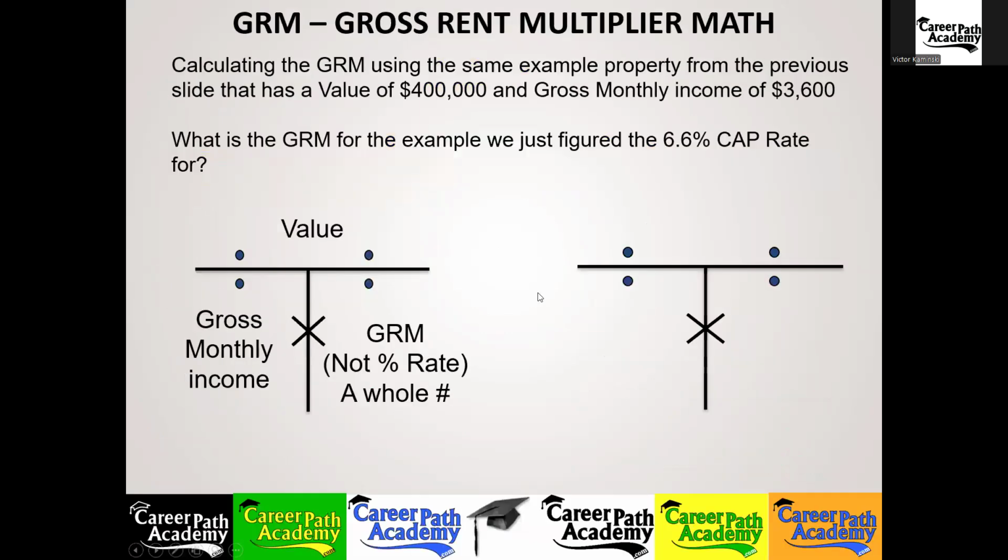All right, let's get another problem going here. Calculating the GRM using that same example from the previous slide that has a value of $400,000 and a gross monthly income of $3,600 and the cap rate of 6.6%. What is the GRM for that property? You got all the figures up here. What numbers do we need to figure out the gross rent multiplier?